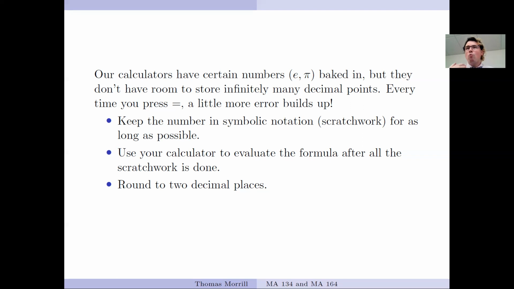Then, when you know the formula is done, you can put it into your calculator and you'll only need to use the calculator at one step. So that way the calculator is only doing the rounding once. And that's going to help us avoid rounding errors. And that way we'll get answers that look more or less the same.